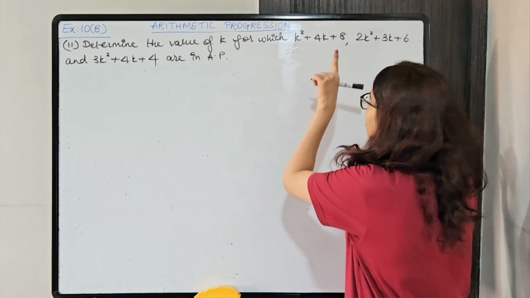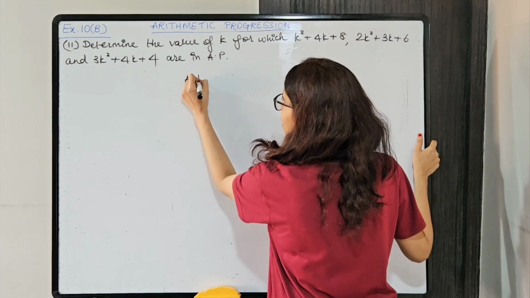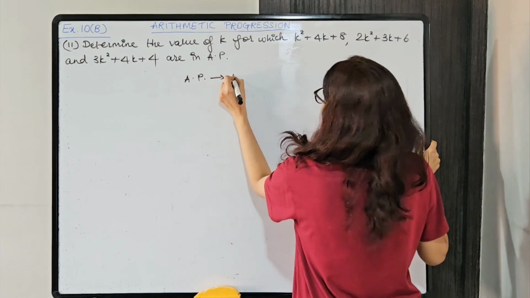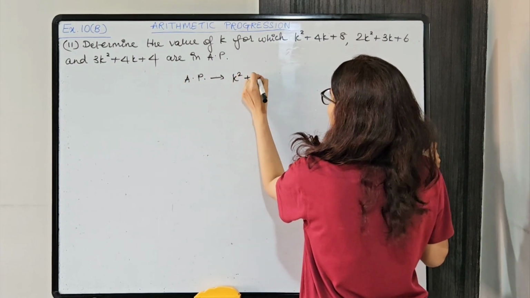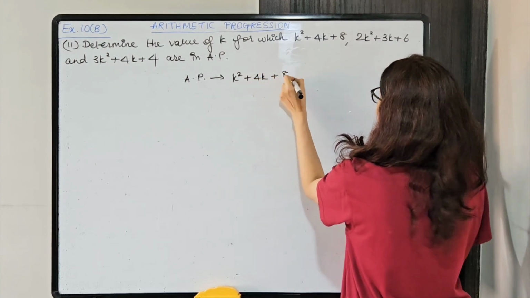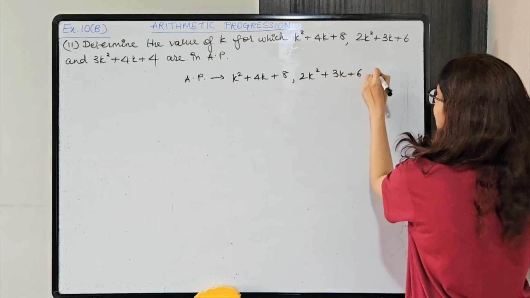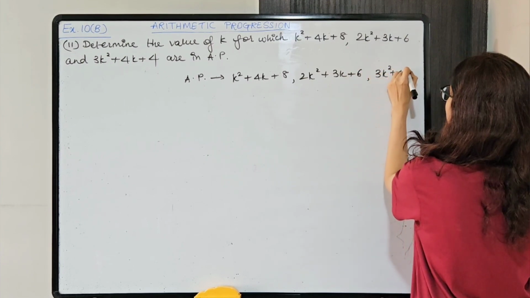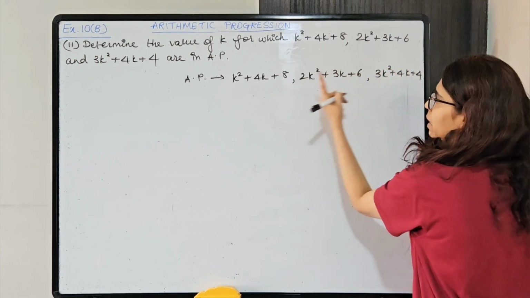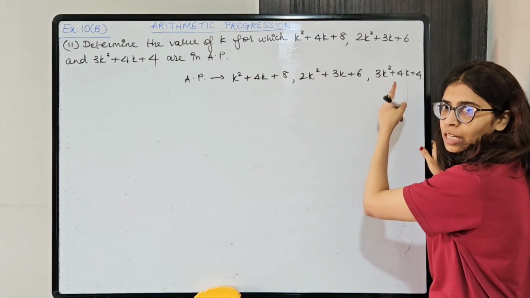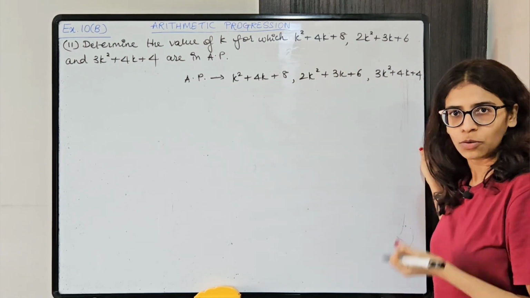Okay, so अगर ये 3 terms AP में है, that is k square plus 4k plus 8, 2k square plus 3k plus 6 and 3k square plus 4k plus 4. ये तीनों अगर AP में है तो k का वैल्यू क्या है ये फाइंड आउट करना है.